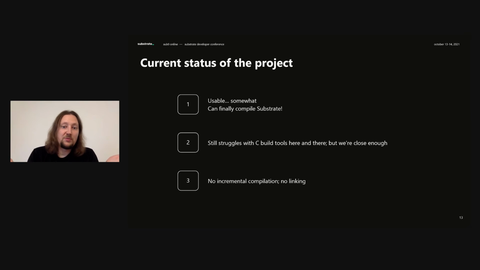It still struggles with C build tools here and there, and there are two major caveats. And this is why I said that incremental as a name for the column is rather unlikely. Rust supports incremental compilation, but unfortunately Cachepot doesn't. We have some plans to do that, but for now, every build is assumed to be a full build.